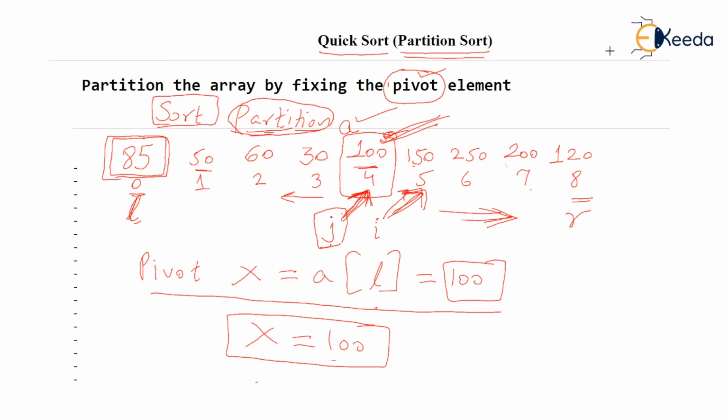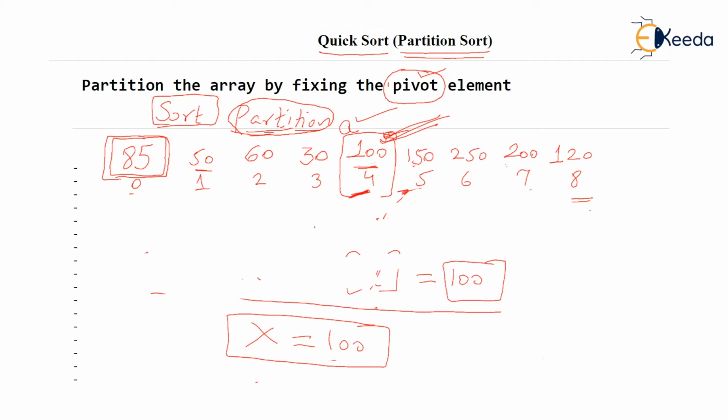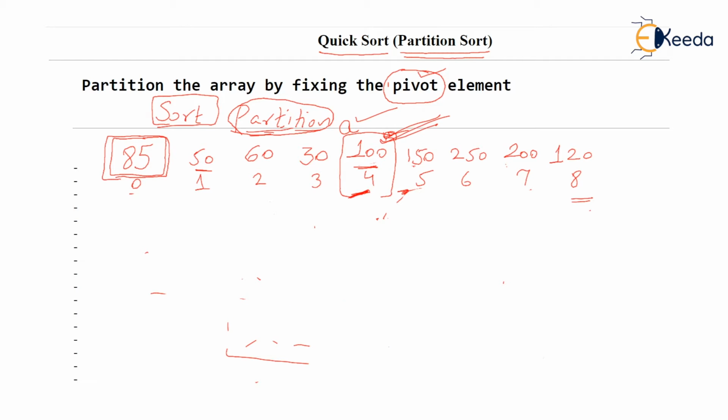So keep in your mind that whenever we call the partition process, one element gets fixed at its final place and it will never move now. This element 100 will not be disturbed by our quicksort, and quicksort has now declared that this pivot 100 is at its final place, fourth place. So what have you got now? We have got everything to the left of 100, that is 85, 50, 60 and 30, as the left partition.